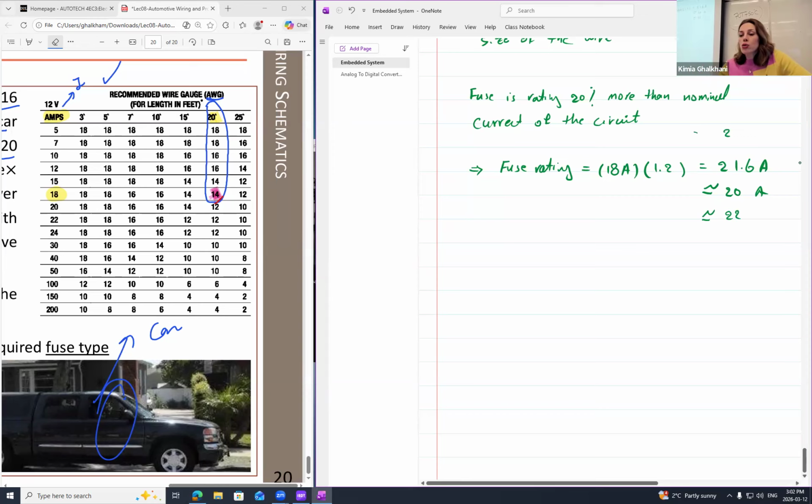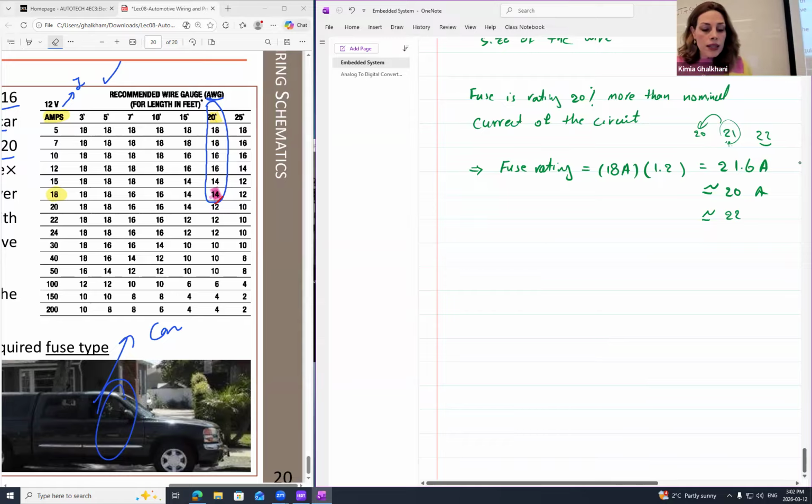It's like 20, 21, 22. If I pick 22, I'm skipping anything close to 21, right? And I don't have this one, therefore I choose something lower than that, which is available in the market, to still stay on the safe side. And if I have something closer to 21, it is still covered. Make sense?